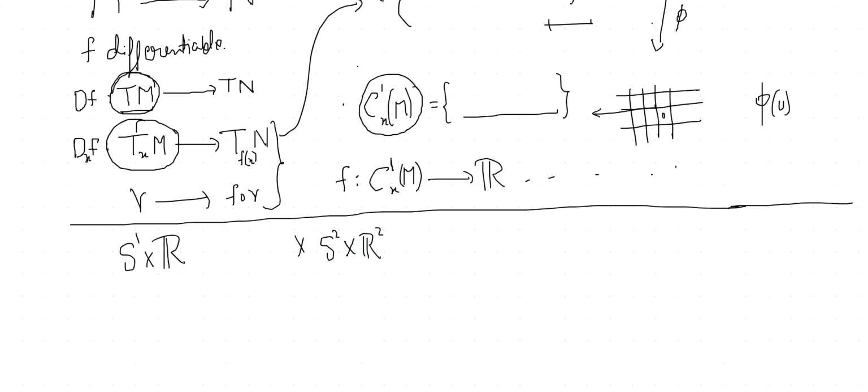But the interesting thing is the tangent bundle of the sphere, which is R2 at every point of S2. So then why is it not S2 cross R2?